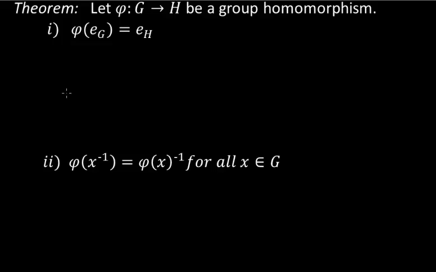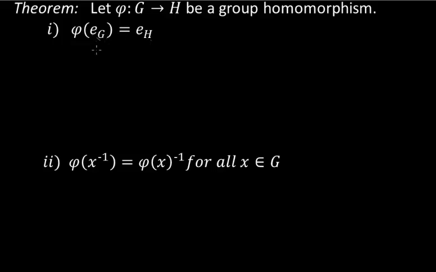I want to prove here that under a homomorphism, the image of the identity in G is the identity in H. In other words, identity maps to identity under any group homomorphism. So I need to show that. Well, we'll have to use a property of the identity.